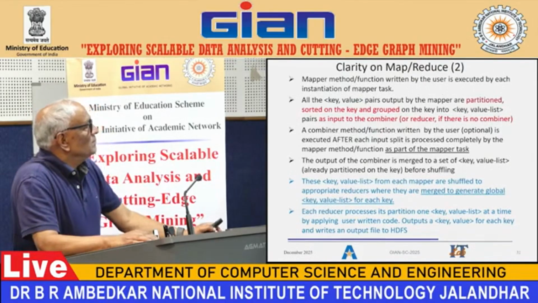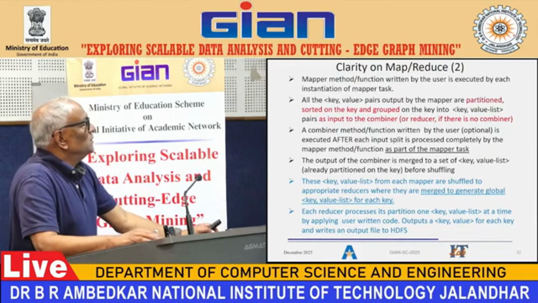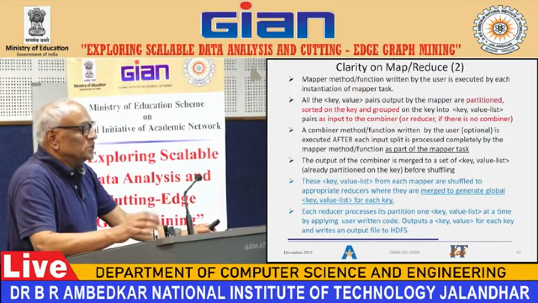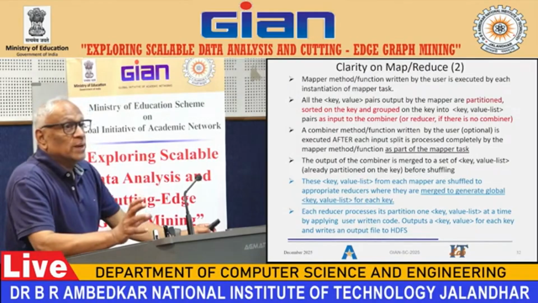The map function written by the user is executed by each instantiation of the mapper task. All the key value pairs output by the mapper are partitioned and sorted. So this is what happens in the transparent phase by the framework.